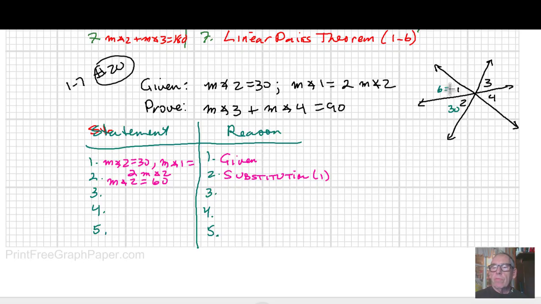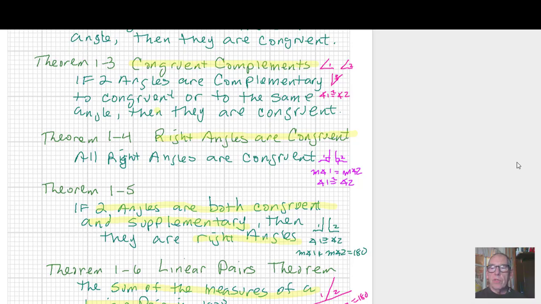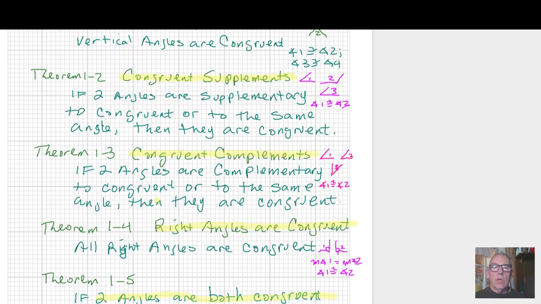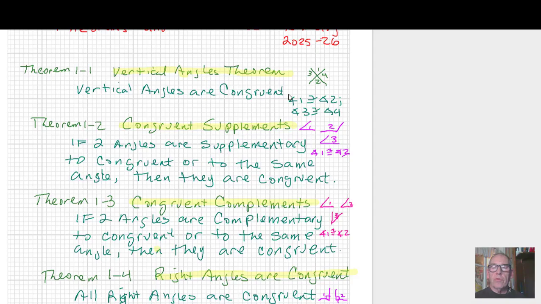Now, might as well get the vertical angles in here. So angle 1 is congruent to, let's go back. I want to say that they're equal to each other, but let's go back and see what the vertical angles theorem says. The vertical angles theorem says that vertical angles are congruent.